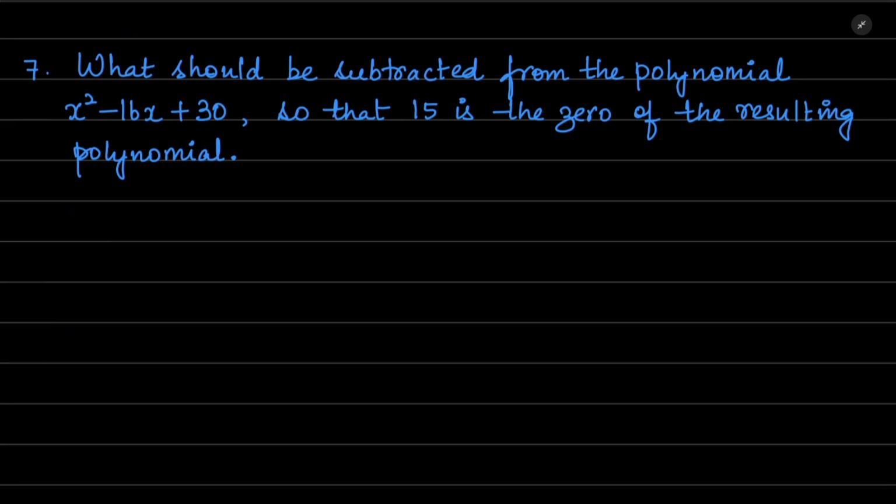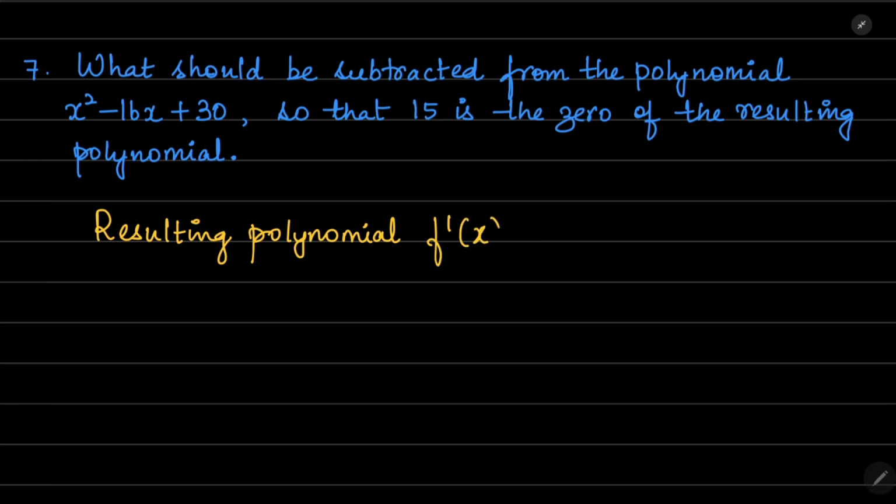The question is, what should be subtracted from the polynomial x square minus 16x plus 30 so that 15 is the 0 of the resulting polynomial? So we just did it. Along with the given polynomial, what should be subtracted? The resulting polynomial will be, let it be, say, f dash of x.